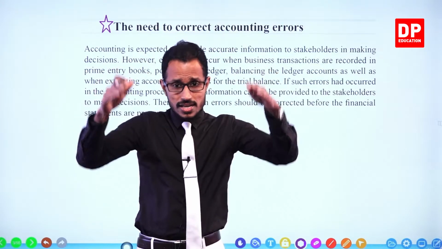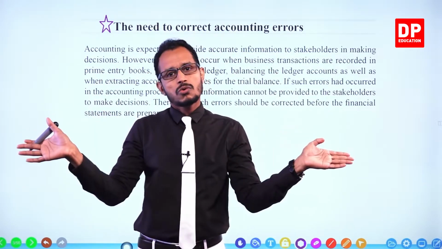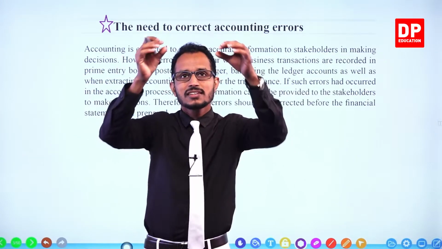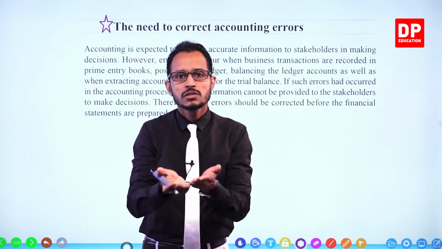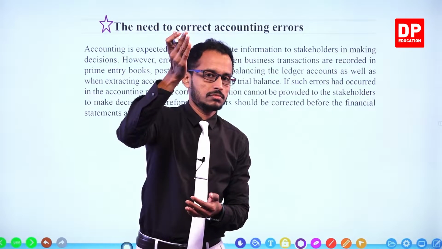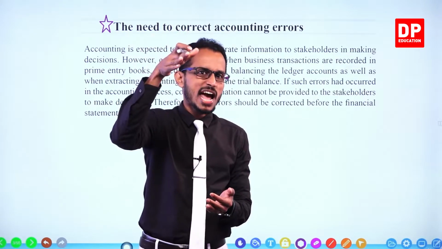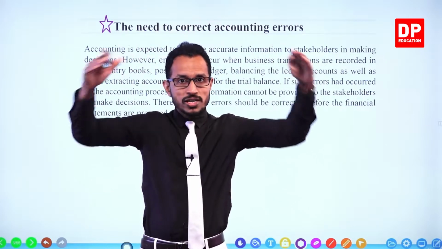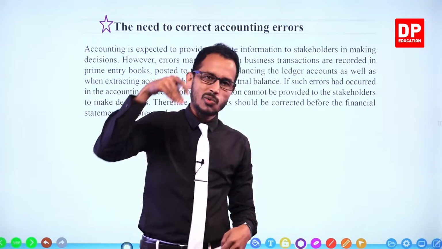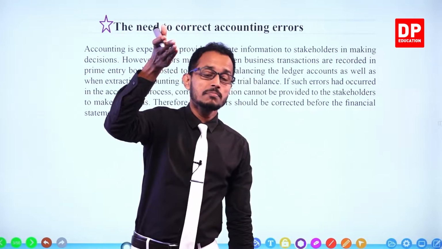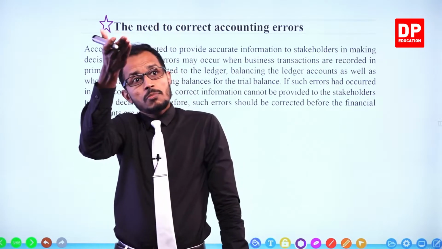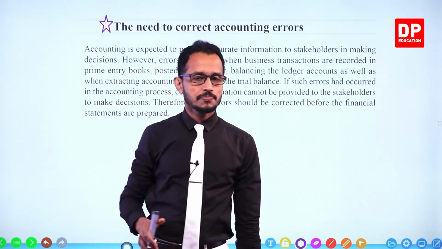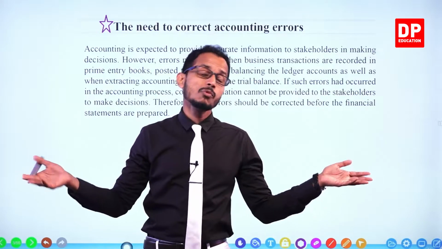Internal stakeholders as well as external stakeholders. Internal stakeholders like the top man, the boss, owner. It could be a director, it could be a chairman. Commonly, let's say owners. So owners are probably the most interested internal party in any business.